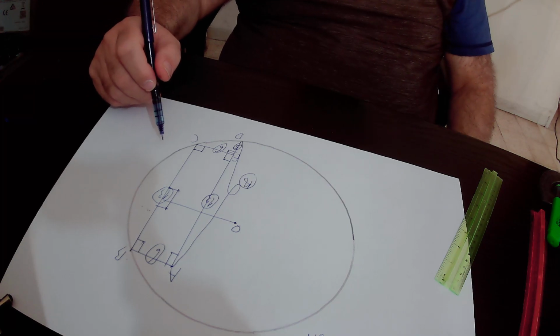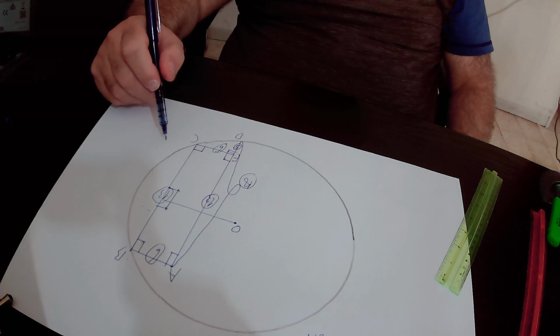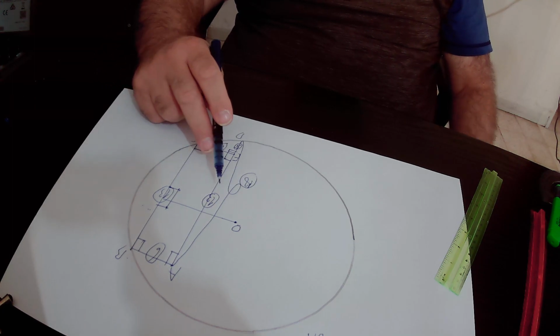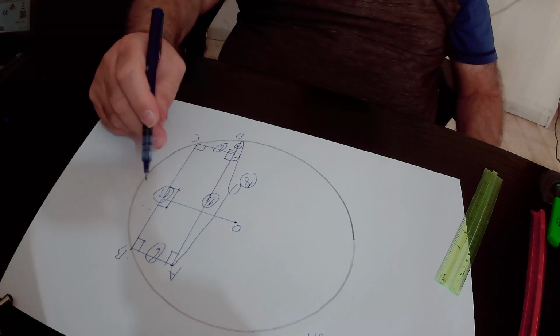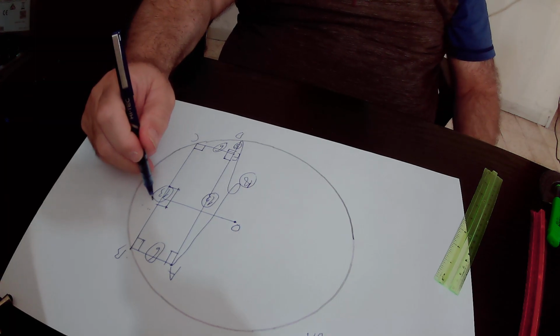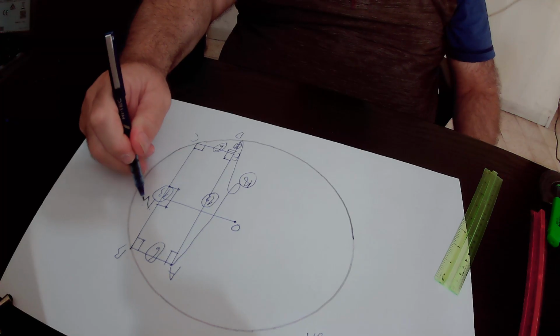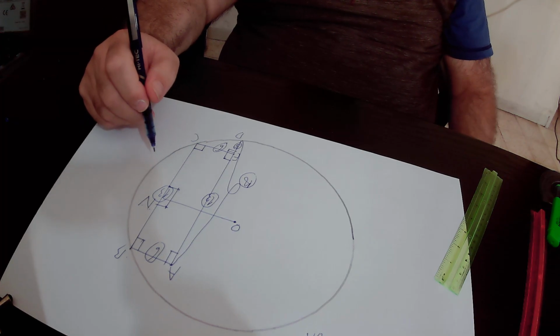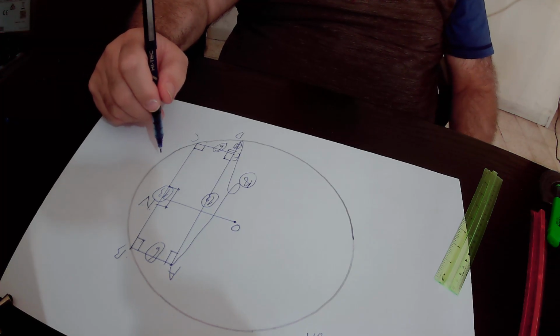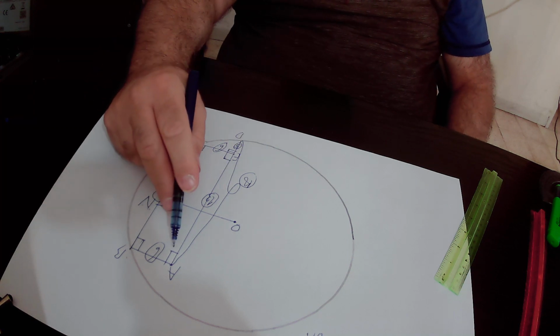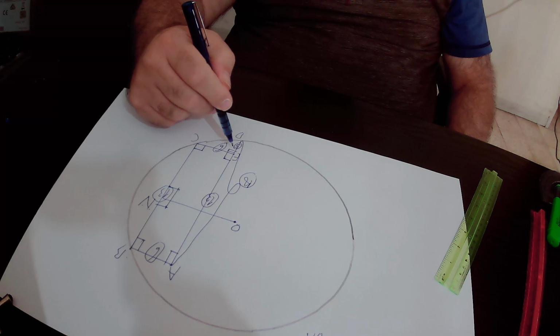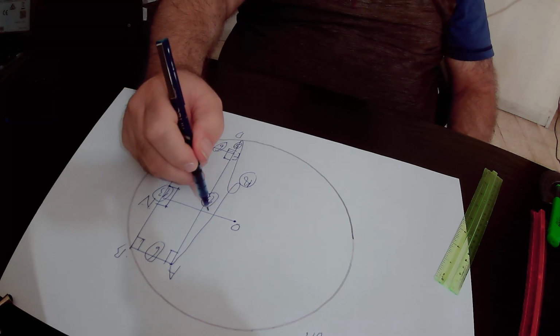We will define the touching point of the perpendicular from point O and BC as capital N, and we will define the touching point of the perpendicular from point O and AD as M.